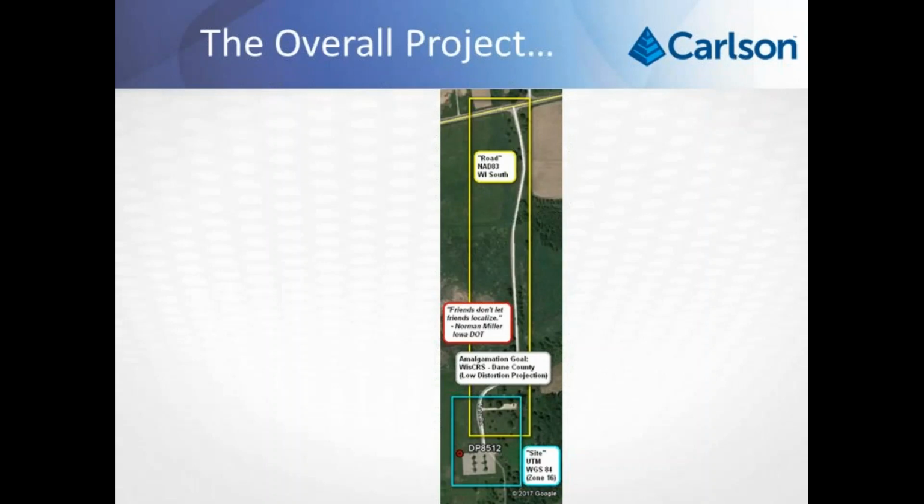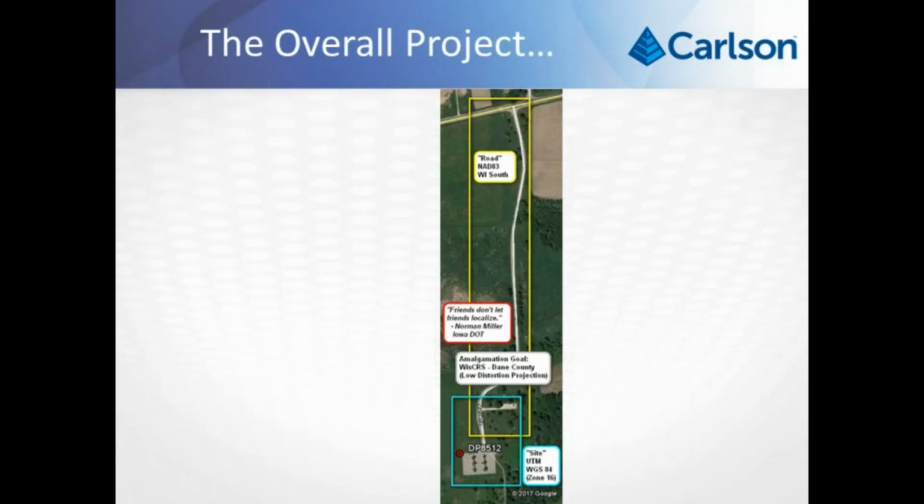So the overall project is comprised of two main parts. The road project, which I shot using state plane Wisconsin South coordinates. And in the southern area, I shot using UTM coordinates. And the main purpose for this was to illustrate the fact that I could utilize different coordinate projection systems, but then bring all that data together, or amalgamate it, if you will, into a low distortion projection system.